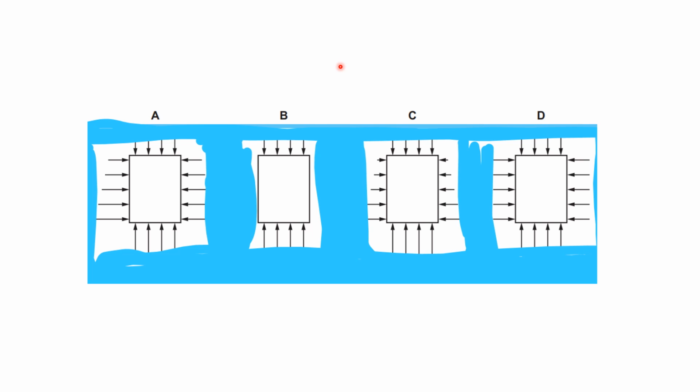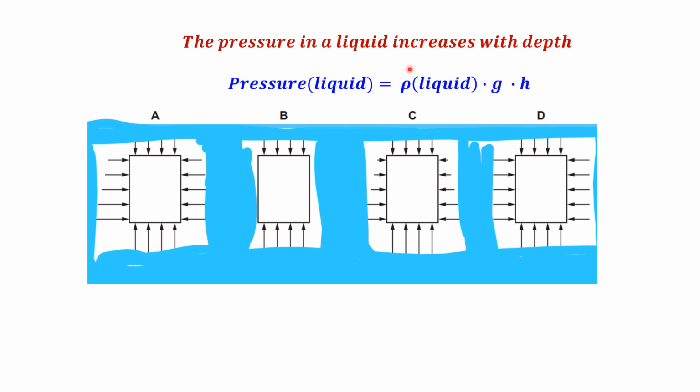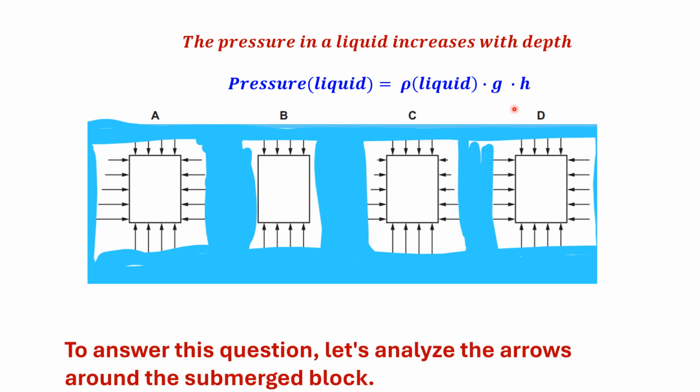Let me relate the forces, the arrows, with pressure. So we know the pressure in a liquid increases with depth. Pressure of a liquid is equal to the density of the liquid times g times height.